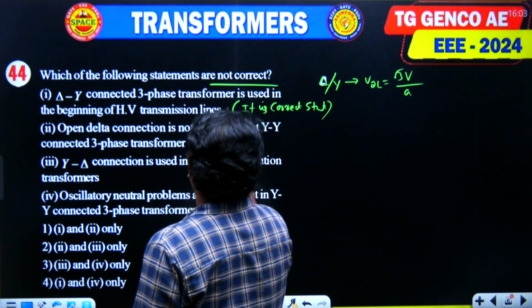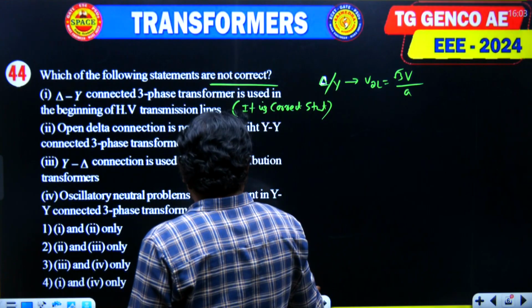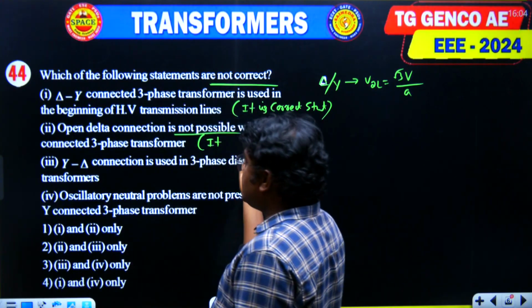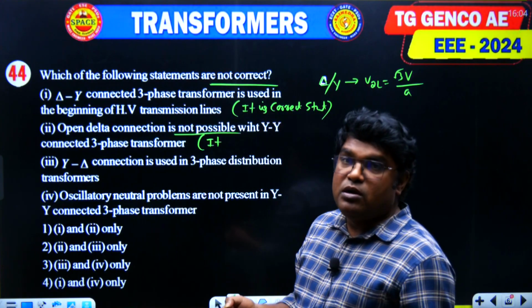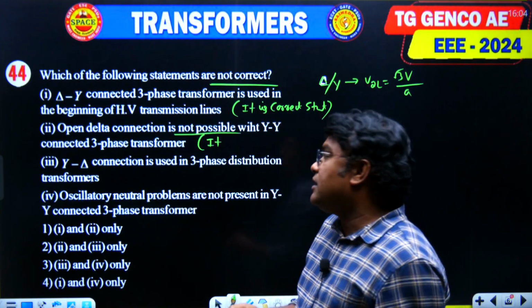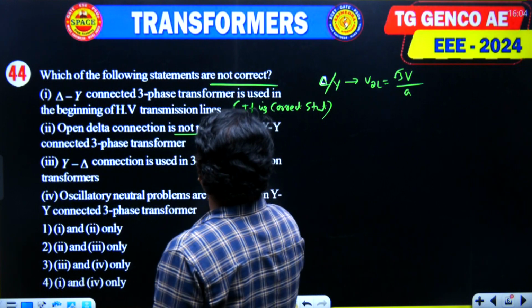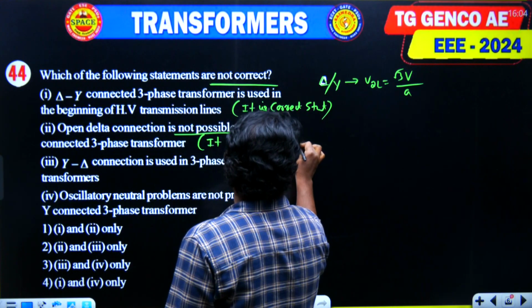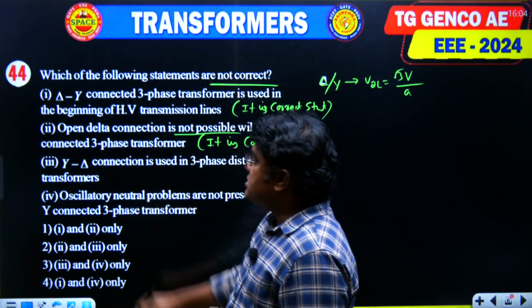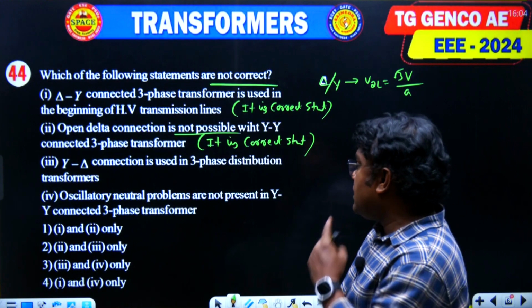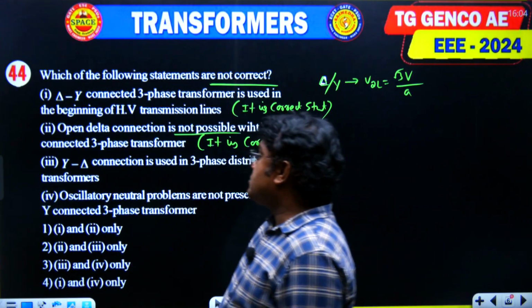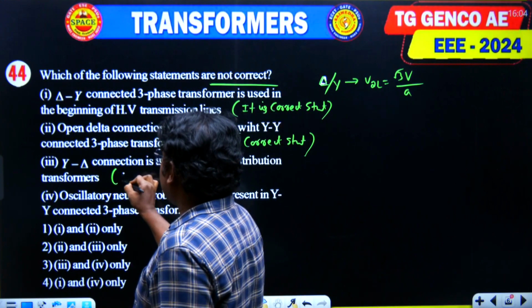Why? Because the open delta connection is not possible, right? So that means open delta connection is possible with delta 3-phase, not possible with the star. This is also the correct statement. And the statement that star delta connection is used in the 3-phase distribution transformer is actually a wrong statement.